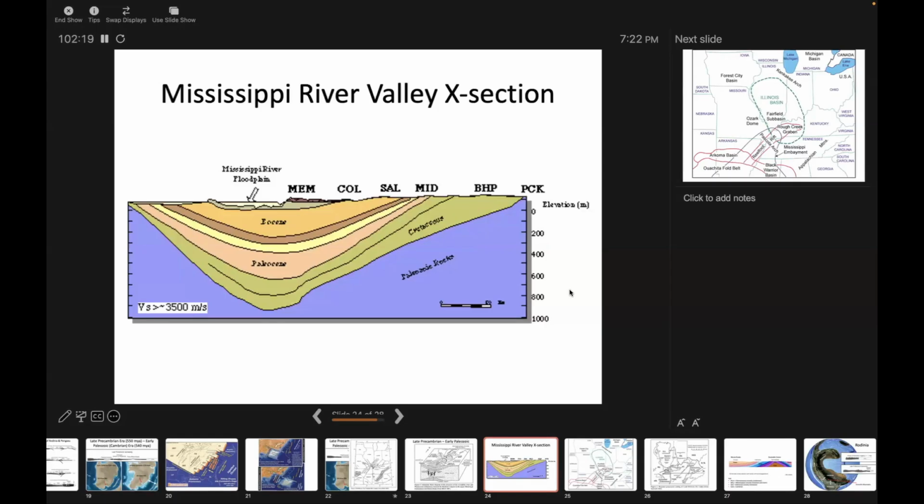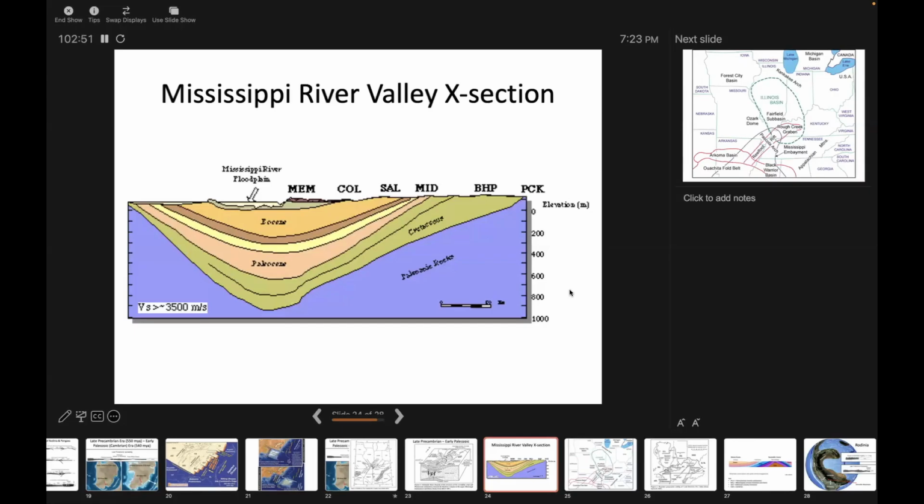But notice when you cross the Tennessee River, which would be about right here. PCK means Pickwick, for Pickwick Dam and Pickwick Lake. We talked about that; it's in the Transition Hills ecoregion. So imagine this line running east-west is the Mississippi-Tennessee state line. If you're at Pickwick, you've got Paleozoic rocks at the surface. As soon as you cross Pickwick Lake into West Tennessee, you've got Cretaceous rocks at the surface, which are gravel and sand.